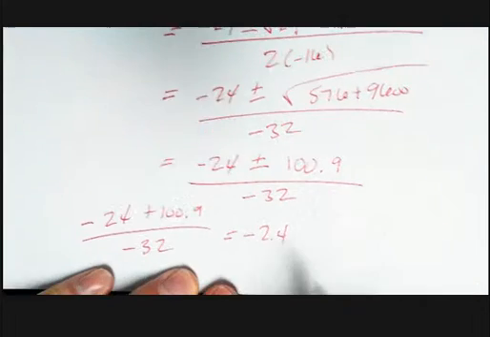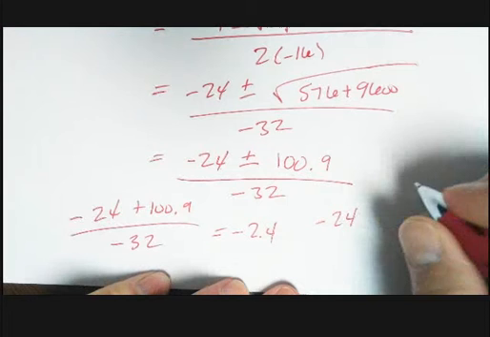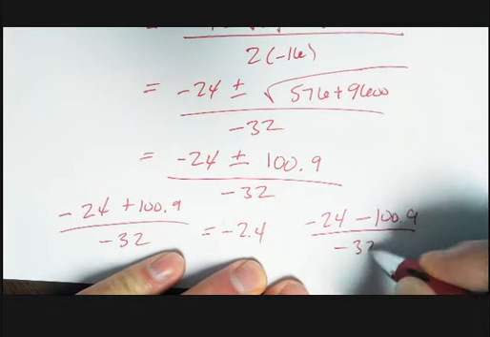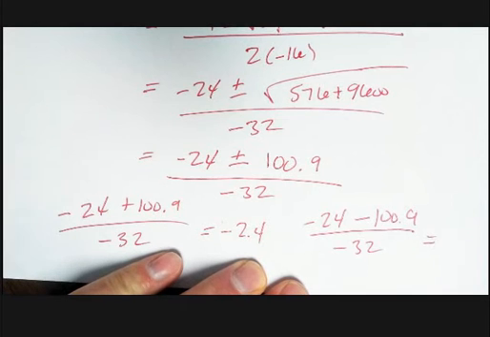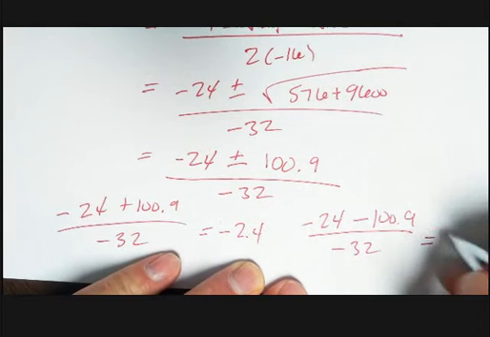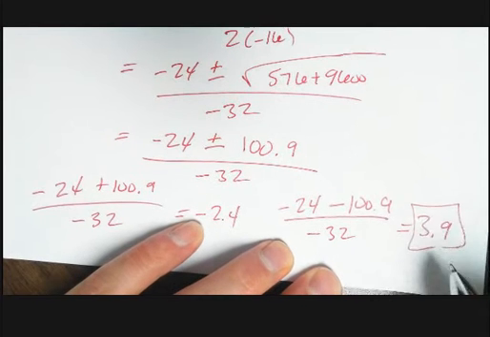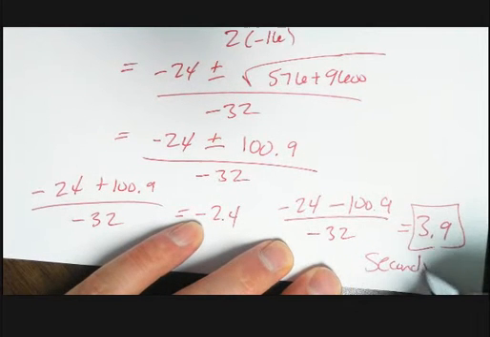And so we'll do the other side, which is negative 24 minus 100.9 over negative 32, and we'll see what we get there. And we get 3.9. So it would take 3.9 seconds to hit the water.